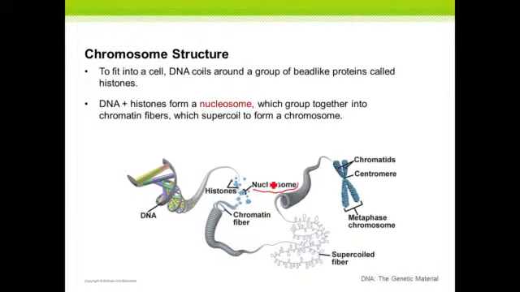Really, all they are is DNA plus histones gives you a nucleosome. It's just a way to give it a building block. Each nucleosome looks like a block like this, and you can have block upon block upon block, and it lets you build that spiral structure that you see right here.